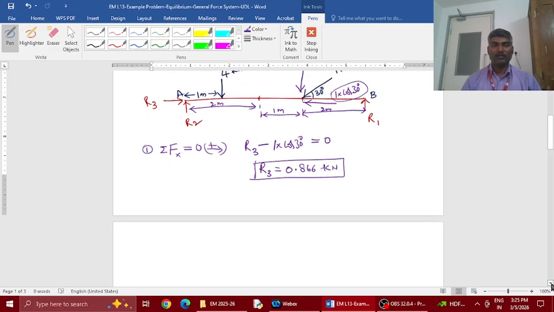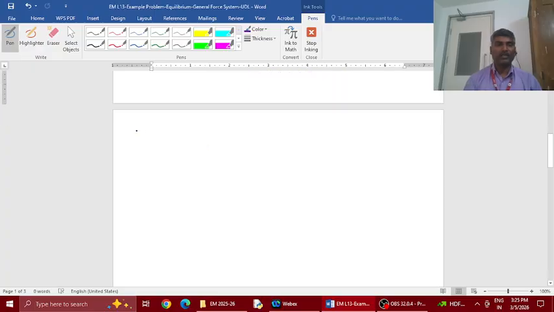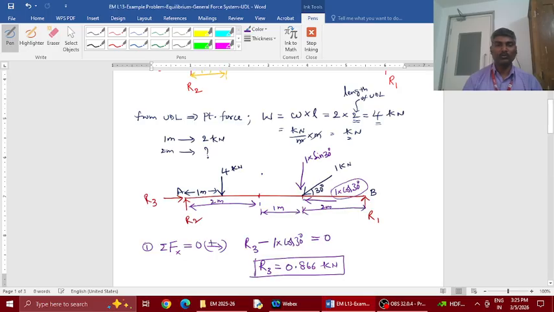Going for the other equations. Sum of vertical forces is 0. Let us say upward forces are positive. So you can see there are R1 plus R2, the two reactions which are upward, both positive, and two vertical forces, this one and this one.